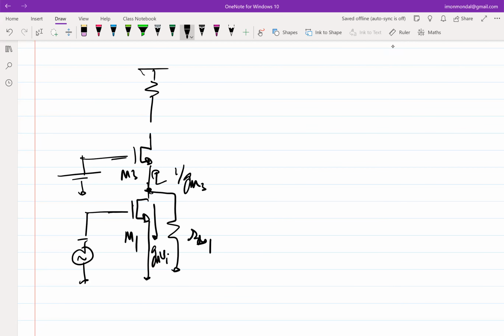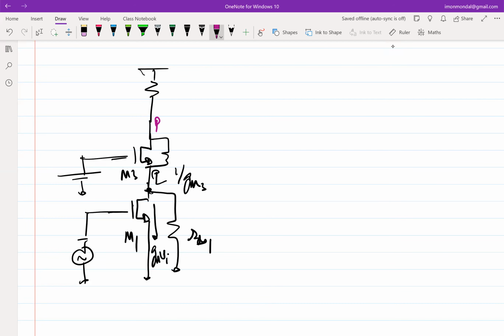Okay. So if all the incremental current flows into M3, then it seems like we have prevented the loading of RDS1, right? But when the incremental current flows through M3, it also has its own resistance. But when the incremental current chooses to flow into M3, it only can come out of the other side, right?